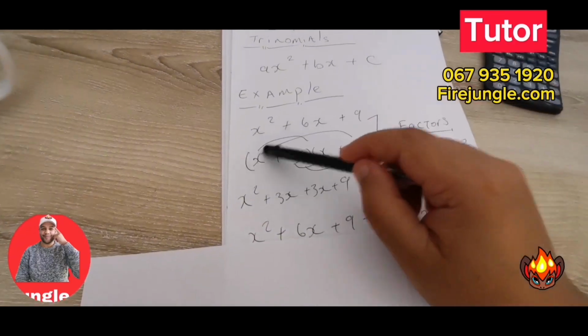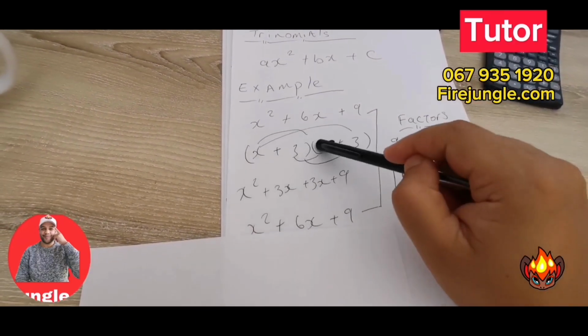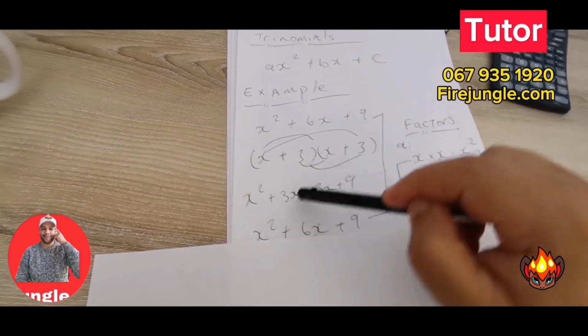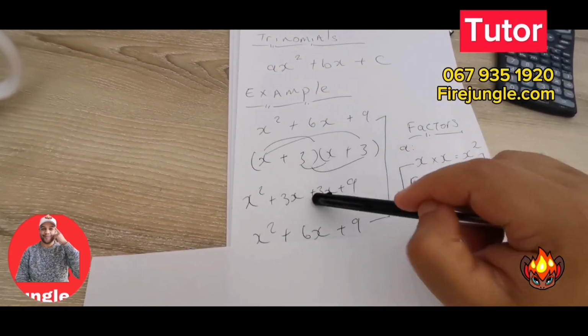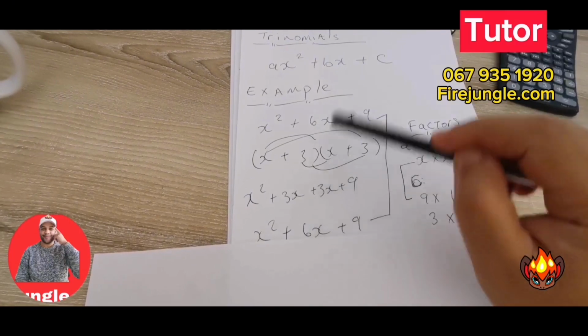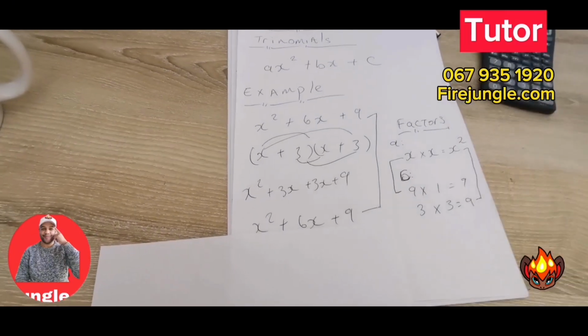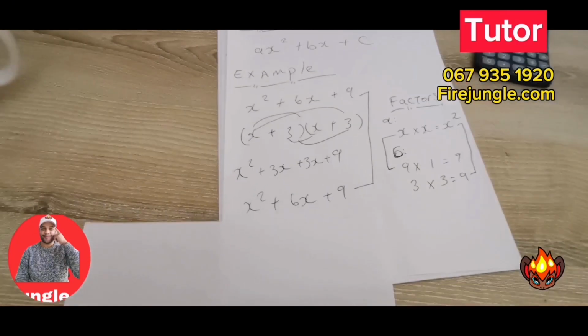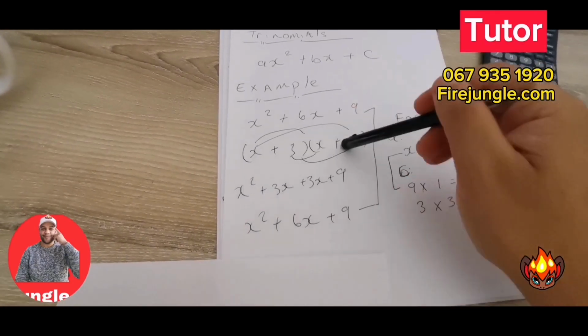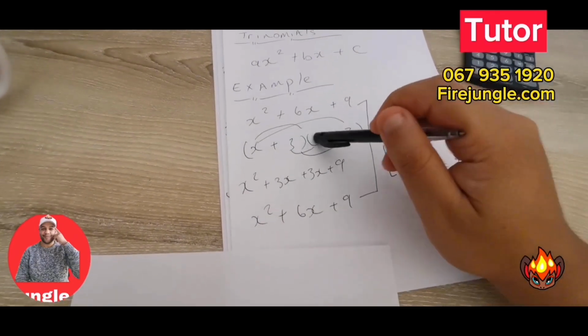We can multiply everything out again. x times x gives us x squared, x times 3 gives us 3x, 3 times x gives us 3x, and 3 times 3 gives us 9. If we multiply everything out, we get the original expression, which shows that these are the factors.